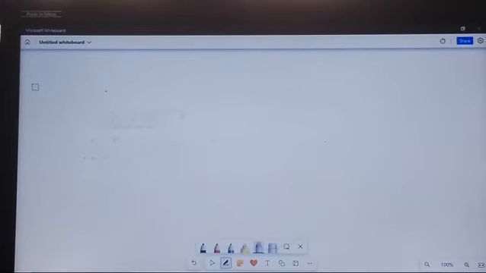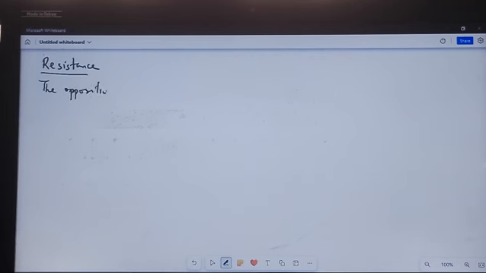So let us look at resistance. Resistance is simply the opposition to current flow in a conductor.